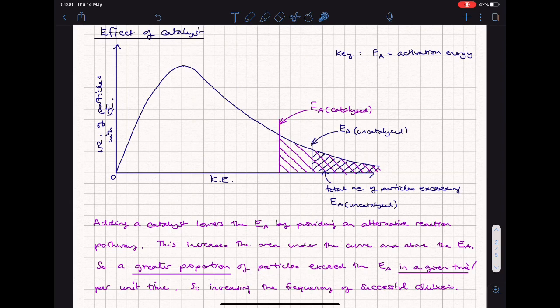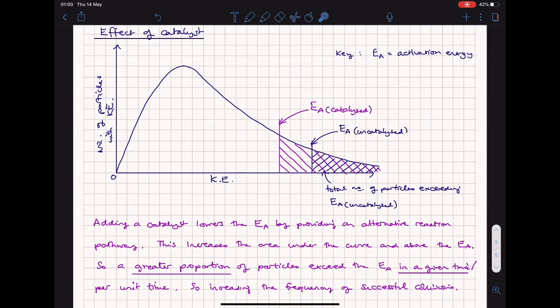And you can see from the graph the area under the curve above the activation energy is greater for the catalyzed reaction compared to the uncatalyzed reaction, which has a smaller area under the curve above the activation energy. So that represents a smaller number of particles that can exceed the activation energy and react.